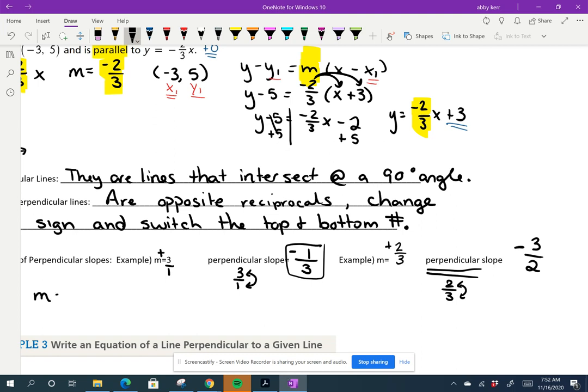Now if we had, let's say, a negative 4 over 3, the perpendicular slope, the opposite of negative, would be a positive, and then we would switch 4 over 3 to be 3 over 4. So no matter what, when you have a perpendicular slope, you have to do both. You have to have the opposite, so switch the sign, and then switch the top and bottom number.